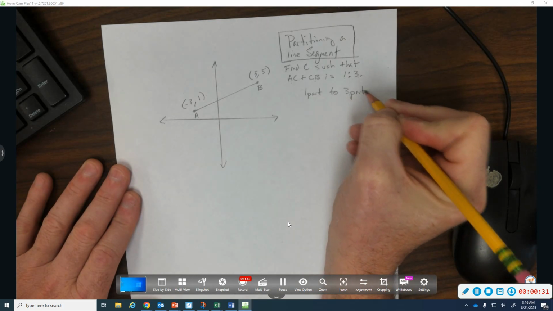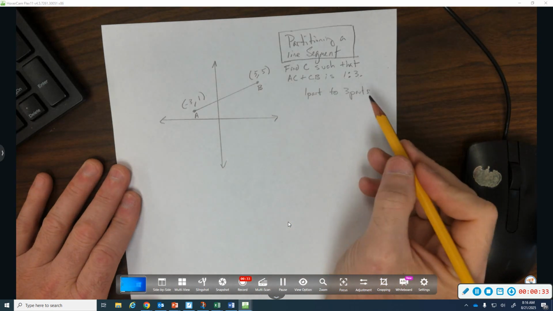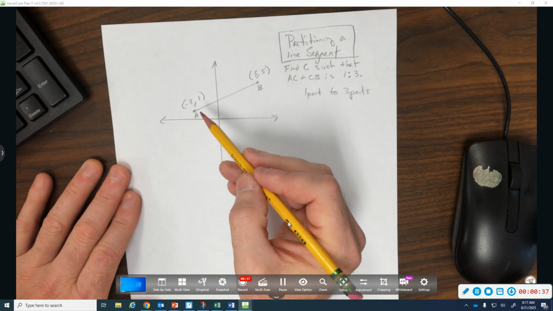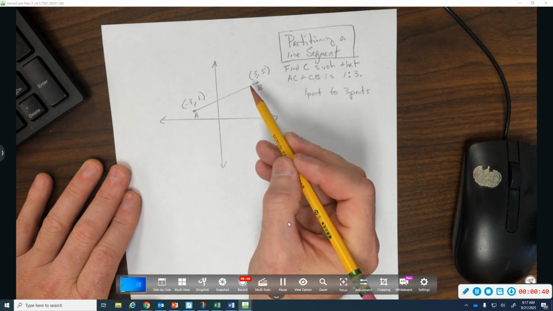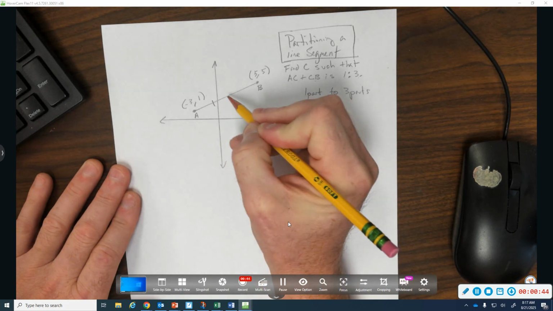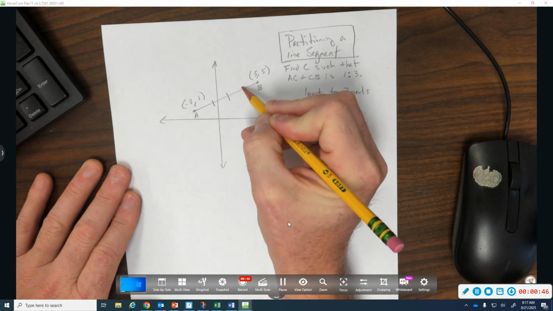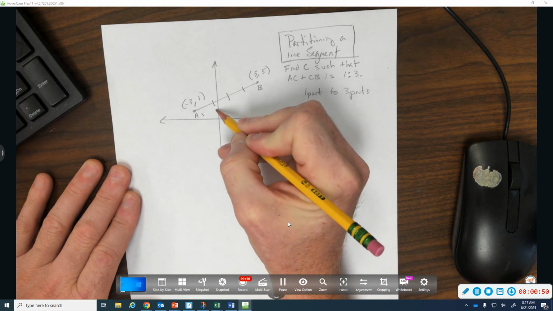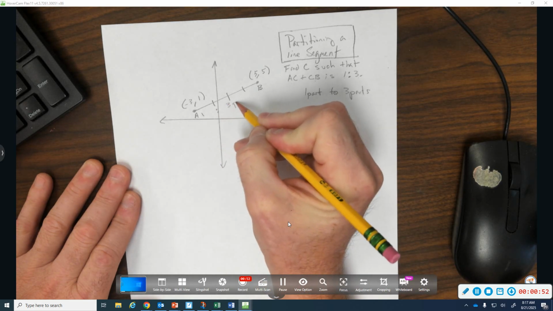I'm going to go through this in a way to help you understand it. So if I just want to think about that line, I want to break it up so that I have 1 part somewhere over here, and then 3 parts on this side, right?